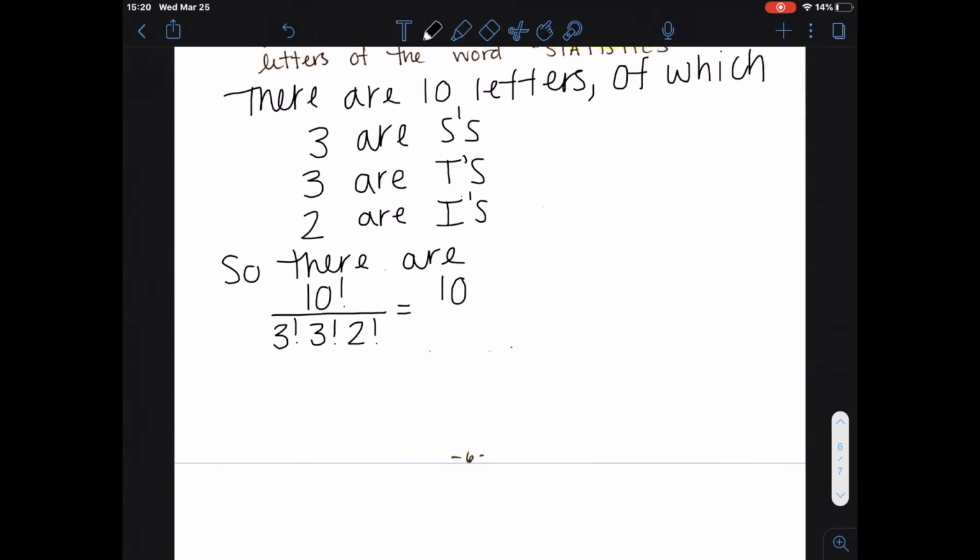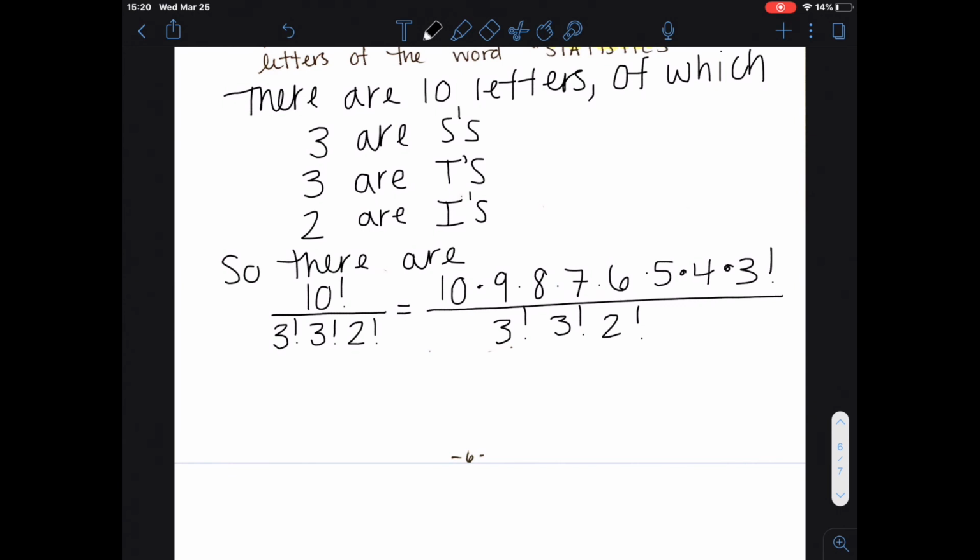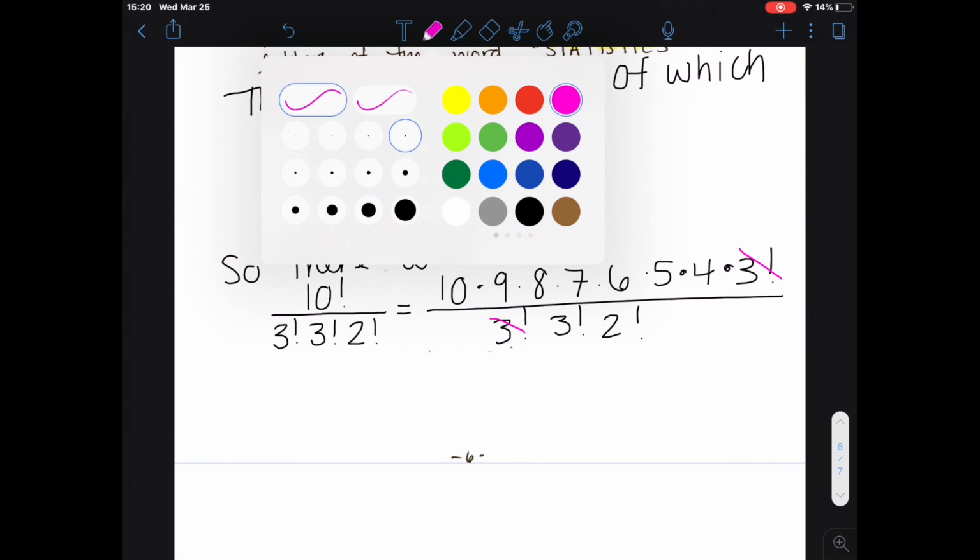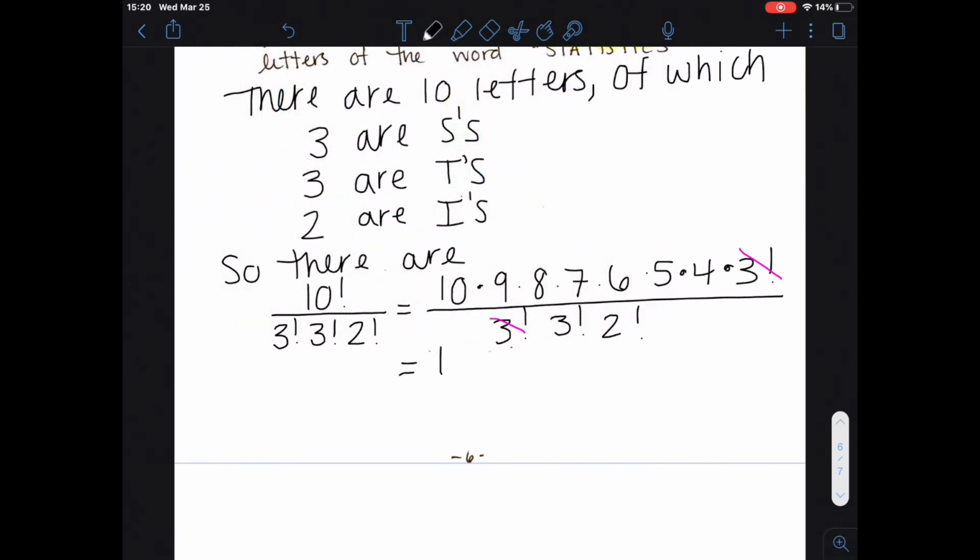The 10 factorial is 10 times 9 times 8 times 7 times 6 times 5 times 4 times 3, 2, 1. So you can just write it as 3 factorial. And then in the bottom, we have 3 factorial, 3 factorial, 2 factorial. So the nice thing is one of these 3 factorials cancels. So we get 10 times 9 times 8 times 7 times 6 times 5 times 4. And then in the bottom we have a 3 factorial and a 2 factorial.